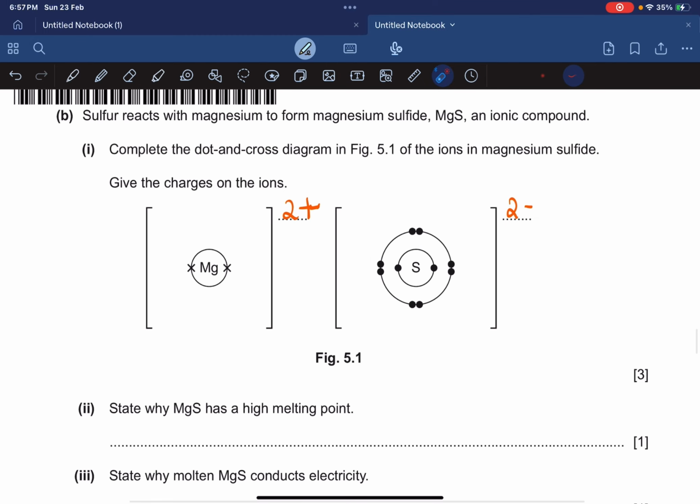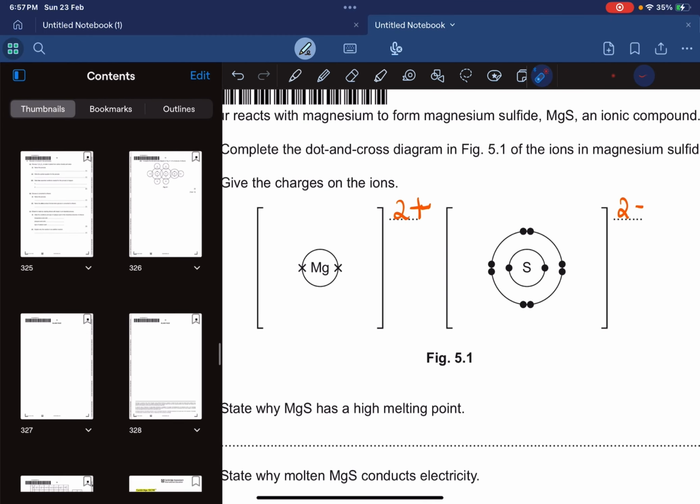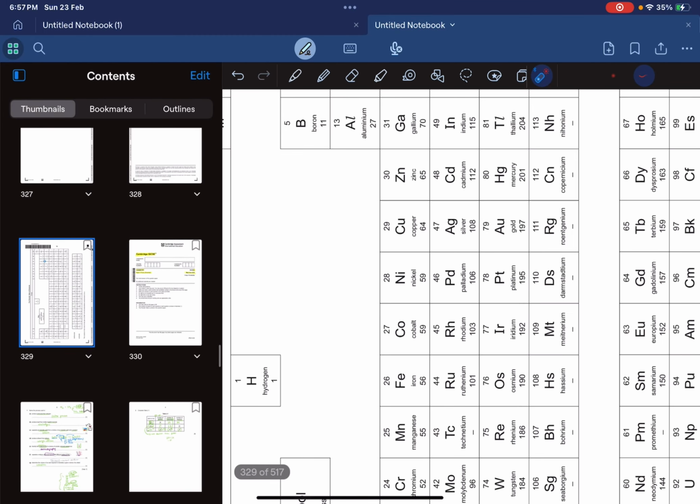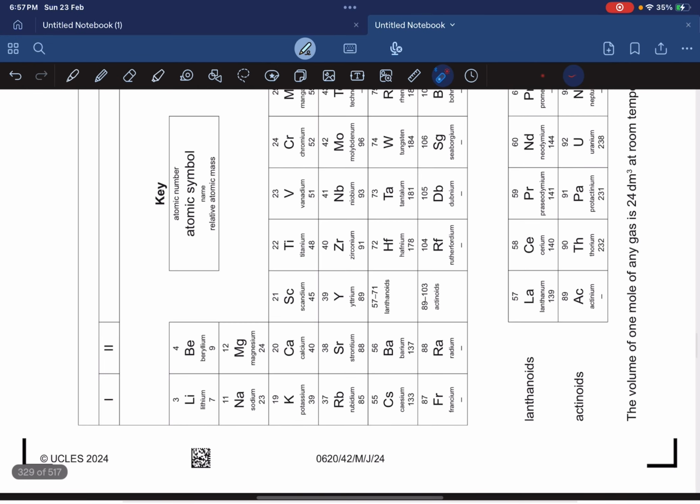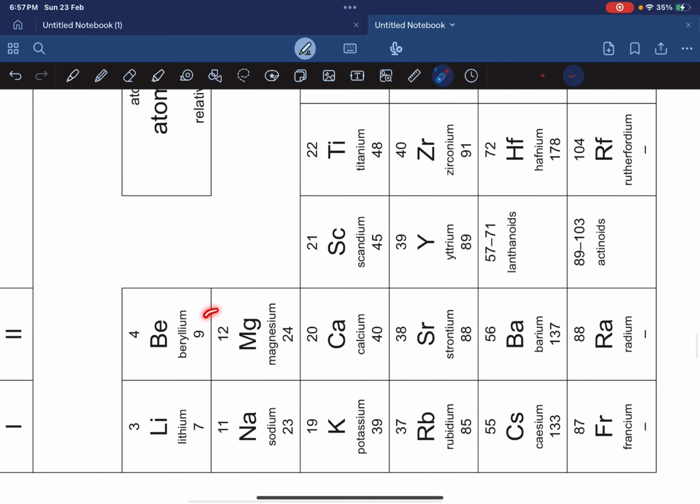So we have to figure out how many electrons sulfur has. Magnesium is 12, so it has 12 electrons. This means this is the proton number and the electron number is the same. Now we had a charge of plus 2, so it is going to lose 2 of these 12 electrons. 12 minus 2 gives me my electron number.